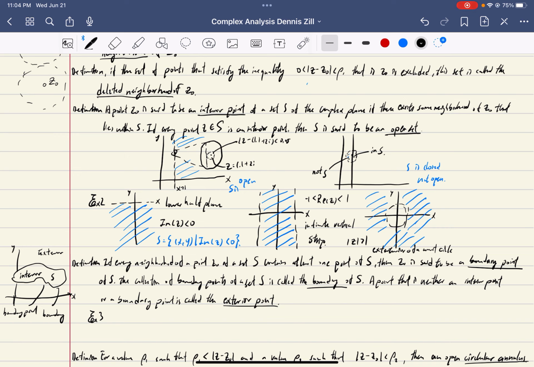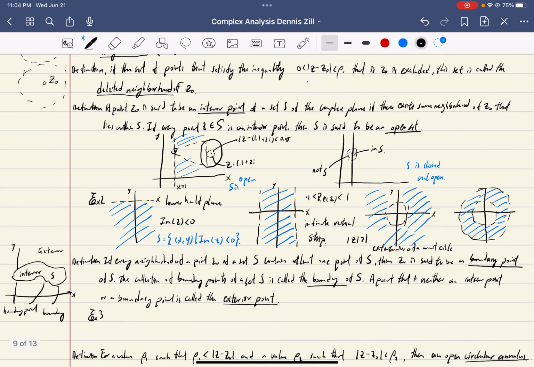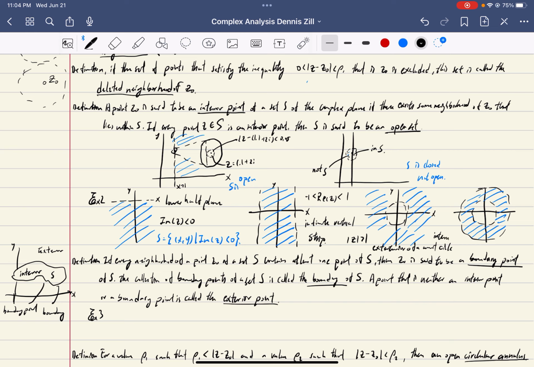Now let's take a look at this one. We have a circle, and you have another circle over there. In calculus you call it a washer, but in complex analysis we call it the interior of a circular ring.